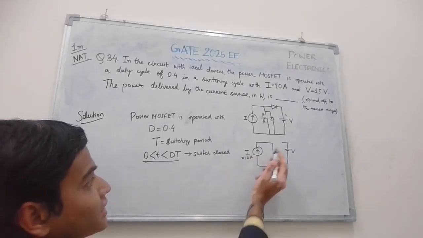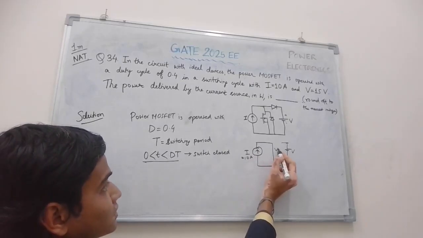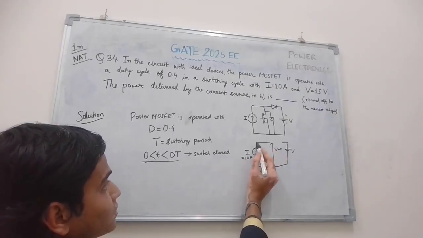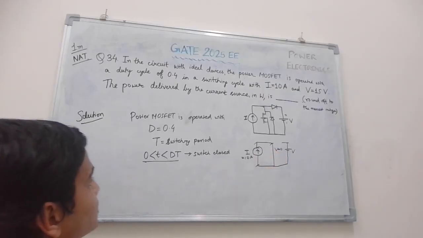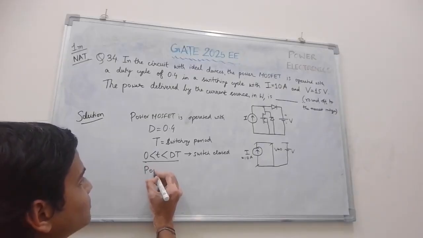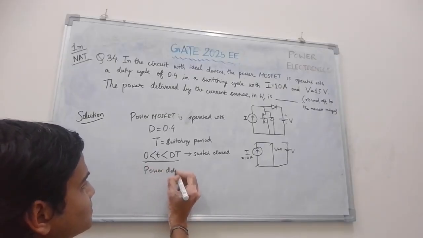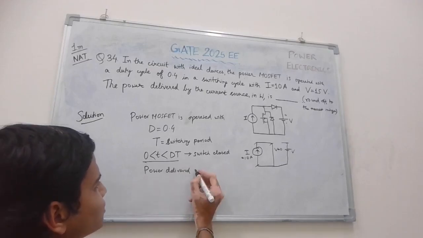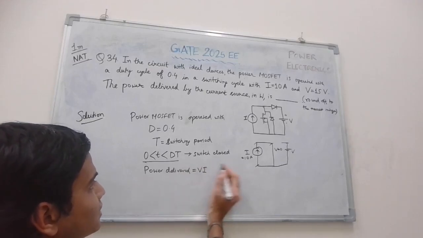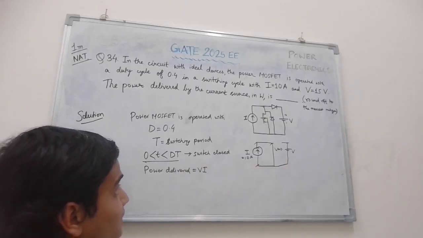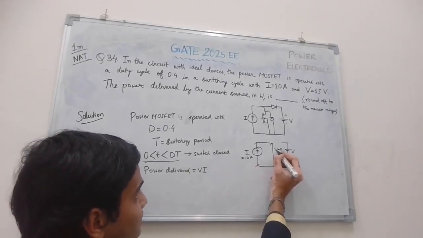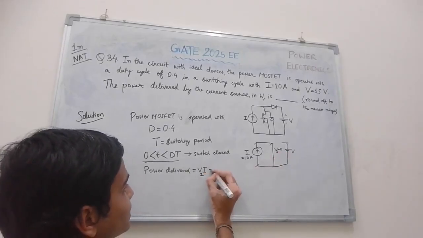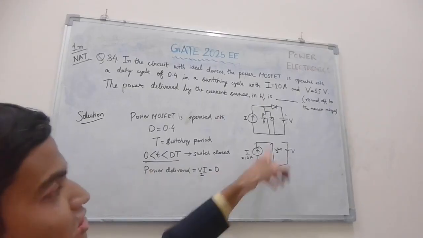Short means the voltage across the current source is what? 0. This voltage is 0. So the power delivered by the current source will be what? Power delivered, or energy delivered, is V_I into I. This V, not this V, but this is V_I. So V_I into I is 0 in this interval, because it is short.